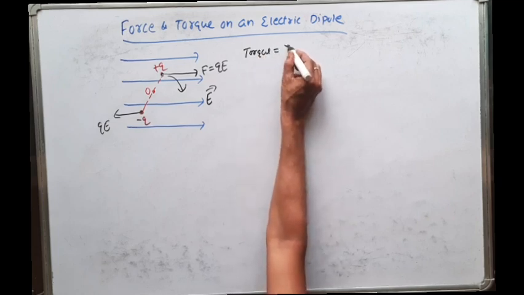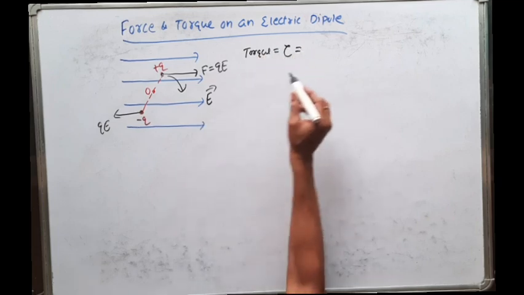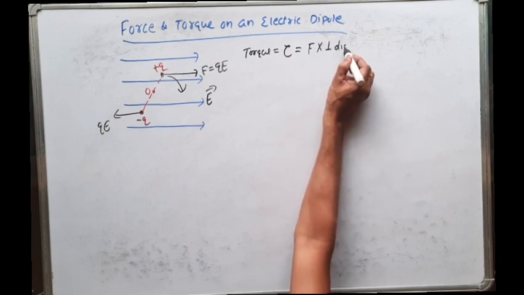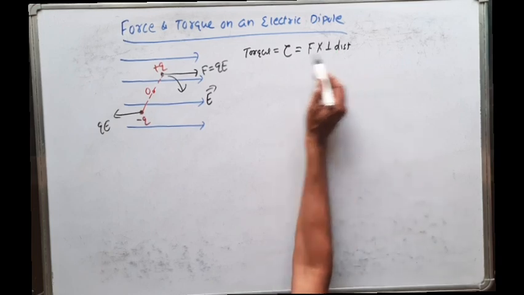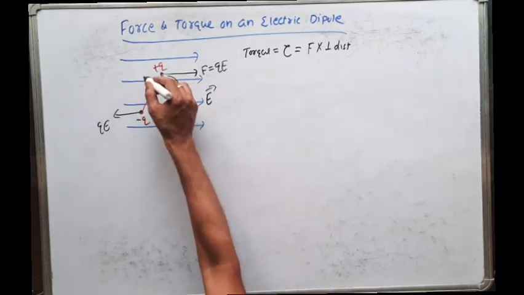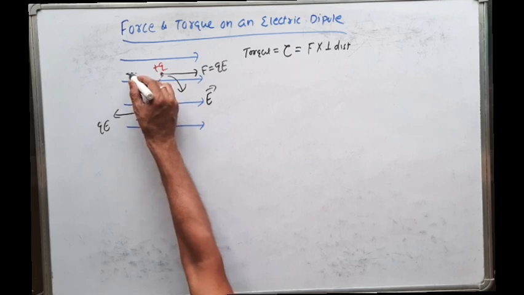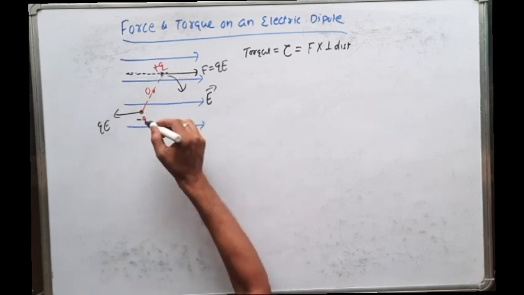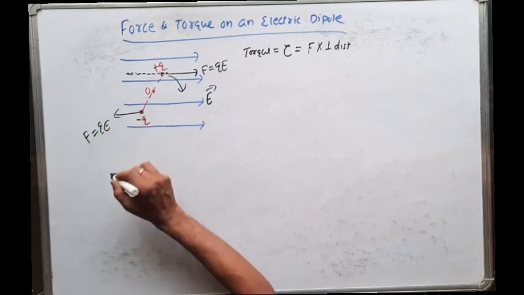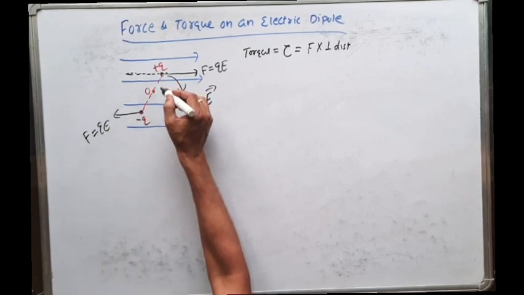So what is torque? Torque is equal to the force into the perpendicular distance between the lines of action of the forces. This force is acting along this line, and this force is acting along this line. So this is the force. And what is the perpendicular distance?